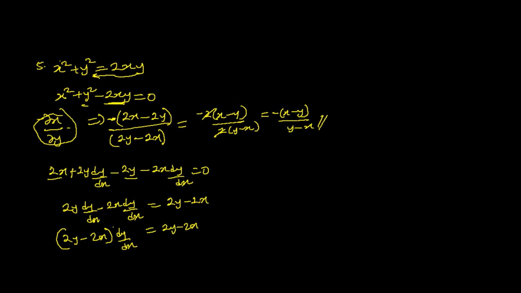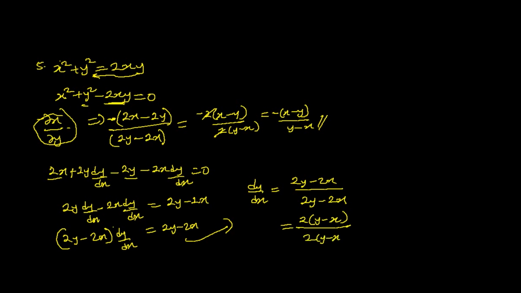So this is going to give you the dy/dx will be equal to 2y minus 2x divided by 2y minus 2x. So this is going to give you 1.